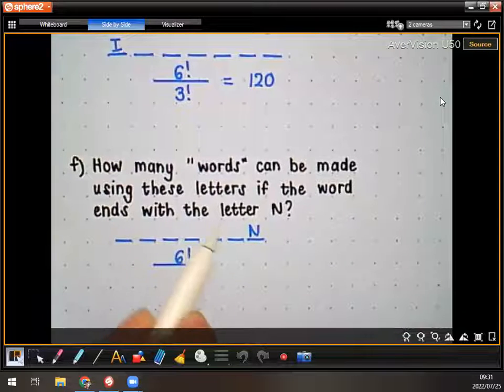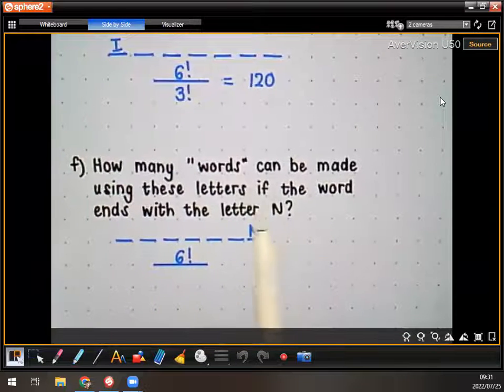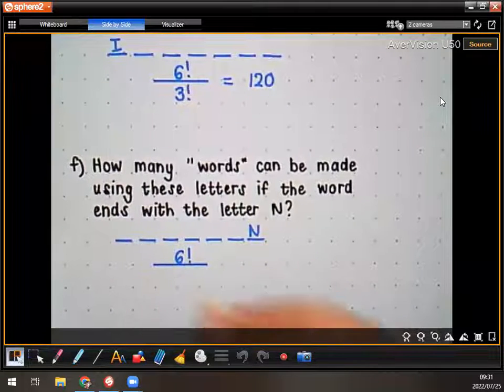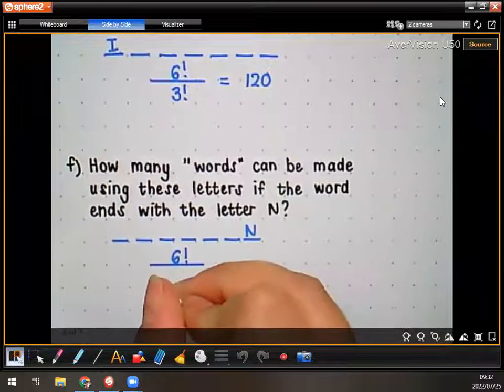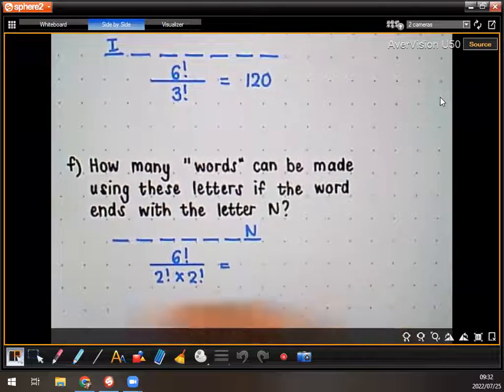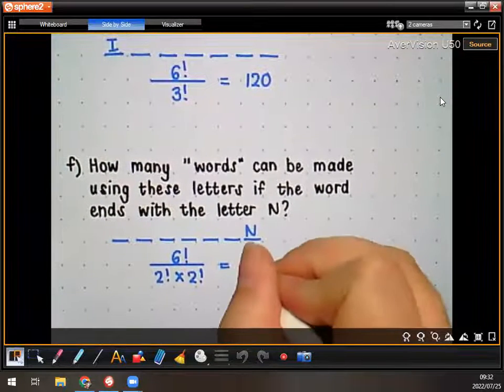Because there are 2 I's and we have 3 N's. One of the N's is now there, but we still have 2. So that's going to be 2 factorial times 2 factorial. Okay, what's the answer there? 180.